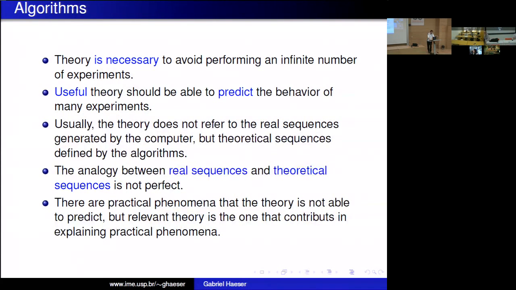So the useful theory should be able to predict the behavior of these many experiments. But you should have in mind that there are some practical phenomena that the theory is not able to predict. But the relevant theory is the one that contributes in explaining this practical phenomenon.